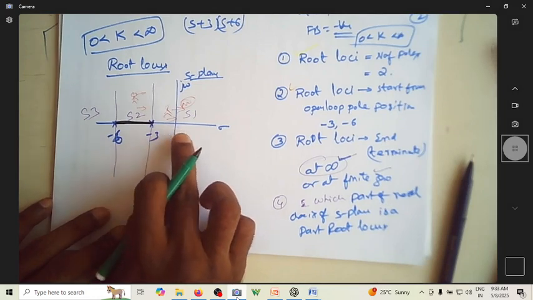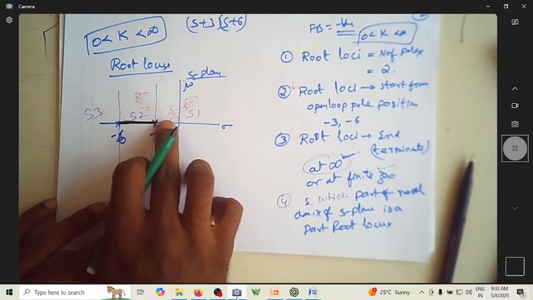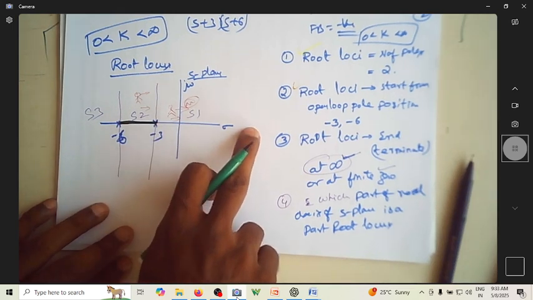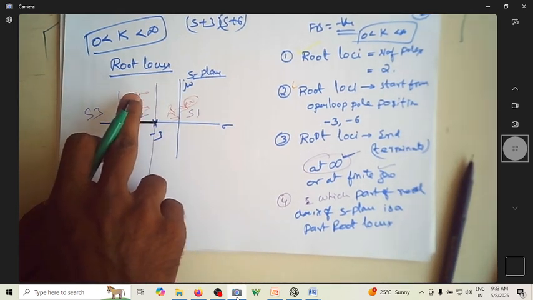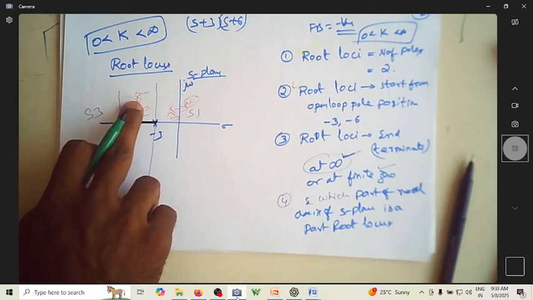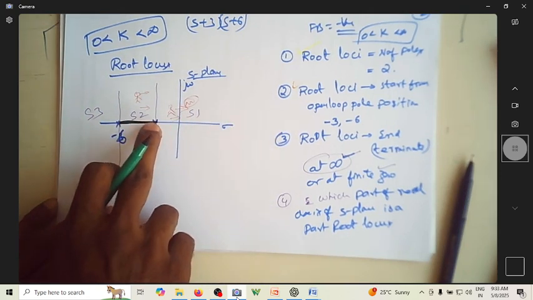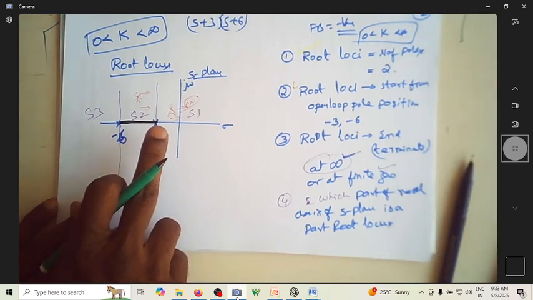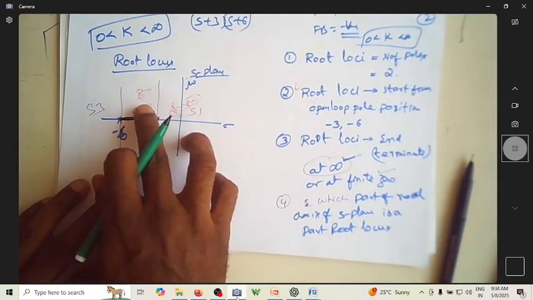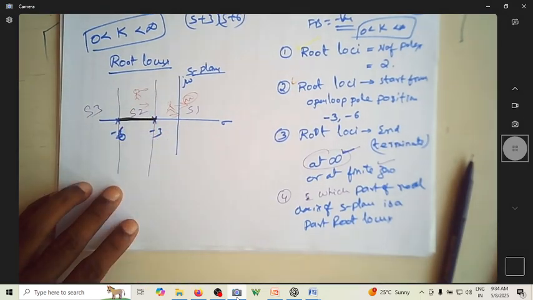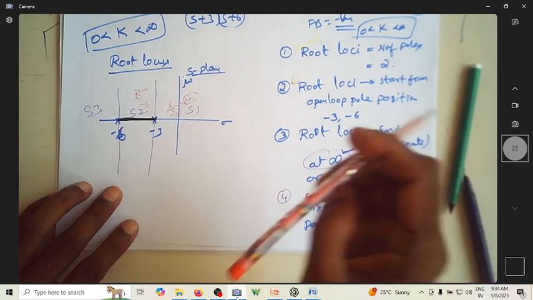Here I didn't darken because this is not a part of root locus. This is a part of root locus because you stood here and looked towards the right, and there was one pole to the right of this observation. Next, you stand here.